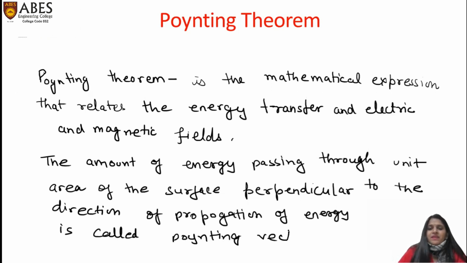So what is the Poynting vector? The amount of energy passing through unit area of the surface perpendicular to the direction of propagation of energy.